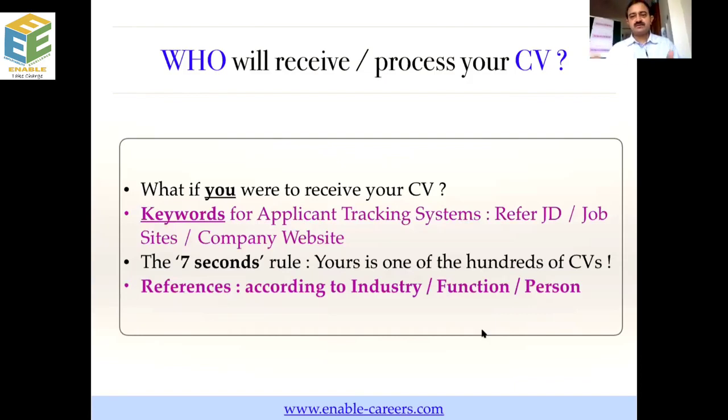All the CVs are fed into that applicant tracking system, and based on the keywords, that system filters which CVs are to be sent to the person who will be taking it forward. So which means you can find the keywords. Again, you can refer to the job sites, job description or company website and bring those keywords into your CV, right?